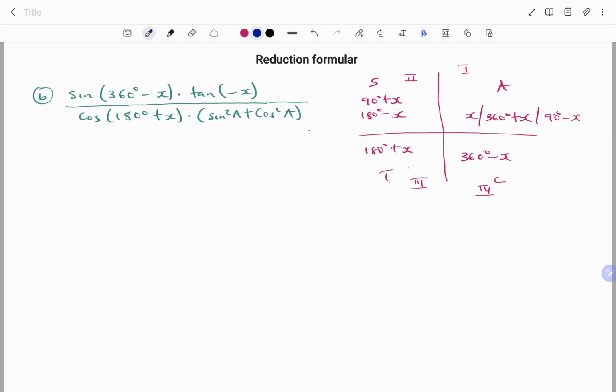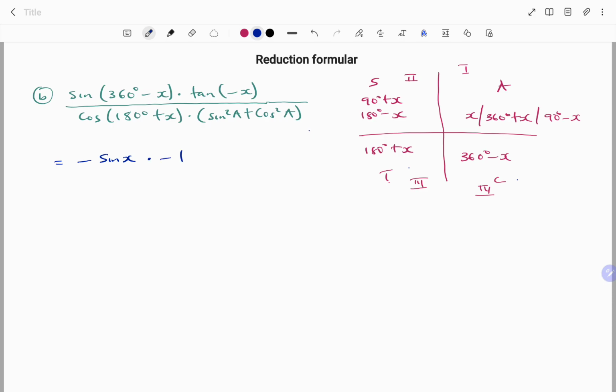Sin(360° − x) falls in the fourth quadrant, and only cos is positive, so our value of sine here will be negative. So that changes to negative sin x. For our negative angles, tan(−x) is the same as minus tan x.